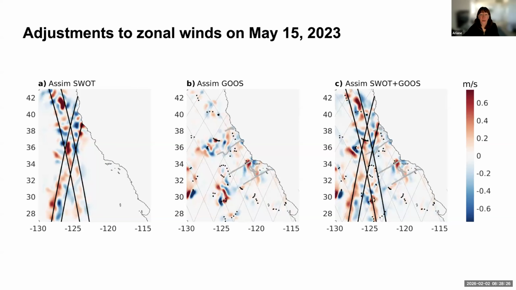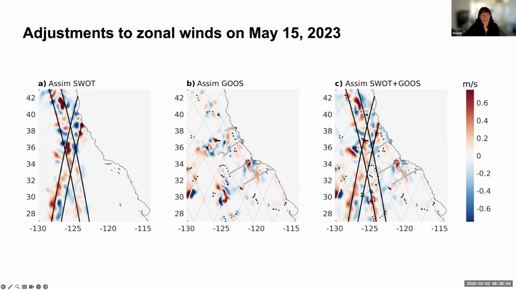And then we also adjust the atmospheric states every day. This is just showing zonal winds on May 15, but I could make a plot like that for each of the 7 atmospheric state constraints and for each of the 31 days of the assimilation. But just as an example, these are adjustments to wind speed in meters per second.